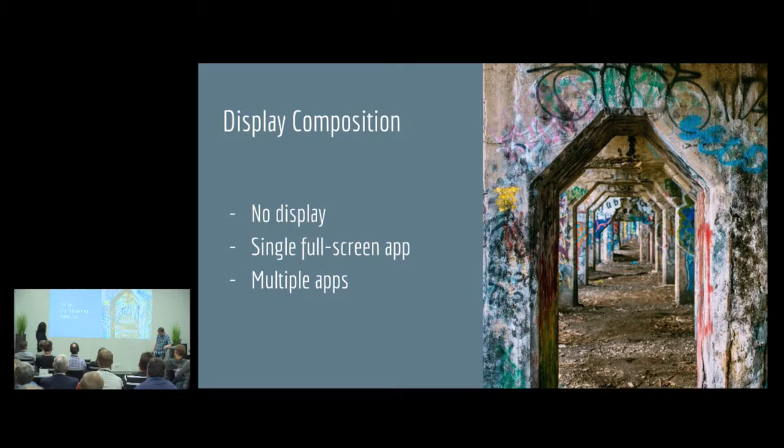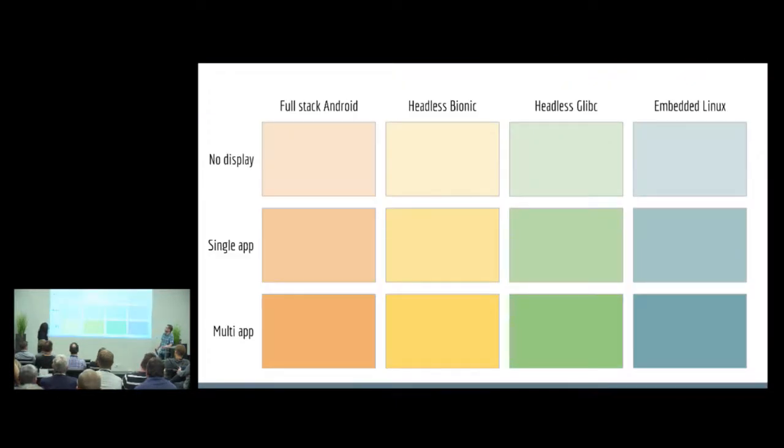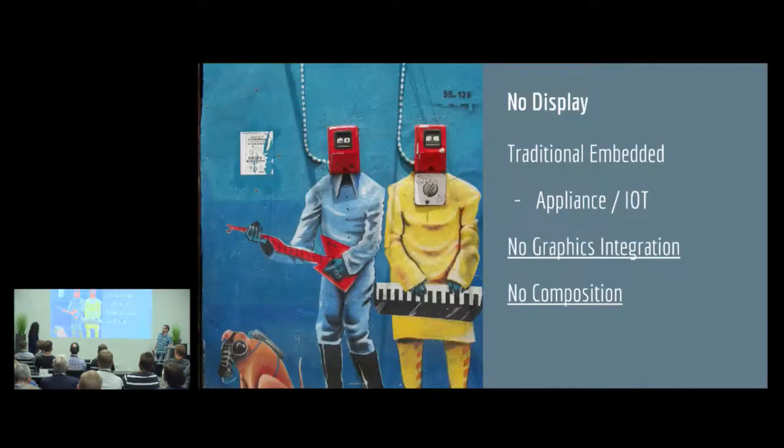And then the good thing about that, you don't really need composition. You are the entire screen. Then you move into more of a true consumer type device with multiple apps. So we're going to split up the columns that you saw previously with these types of devices as the rows, because you will see different kinds of solutions and different kinds of products in them.